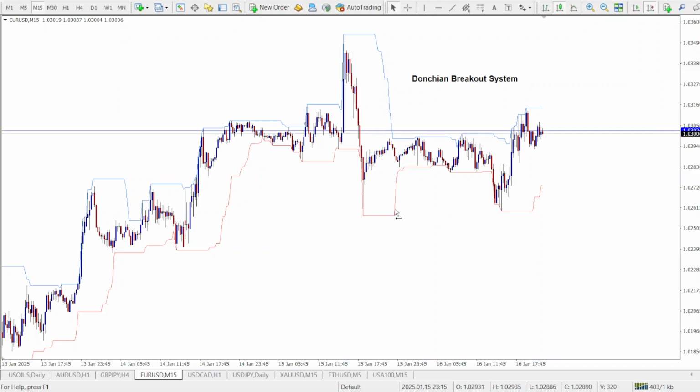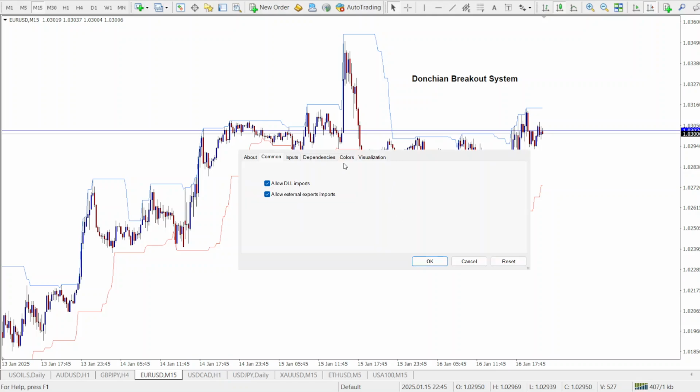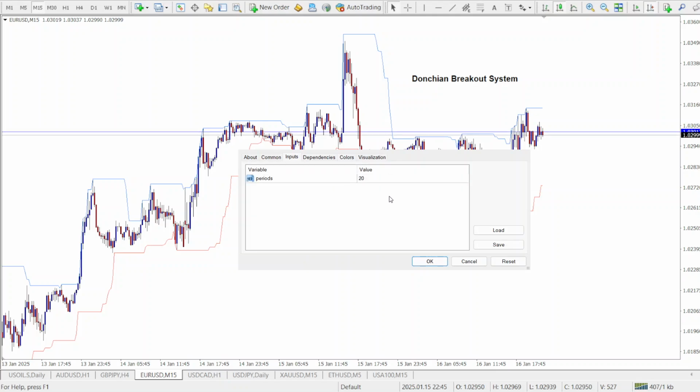Now, I'm just going to go to the settings, let's go to the inputs. Most platforms use a default period of 20.